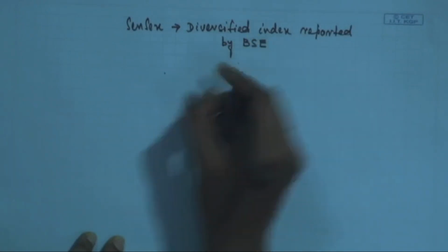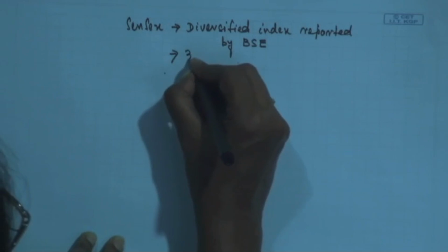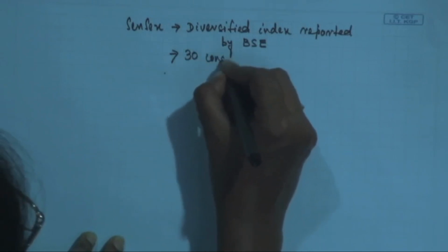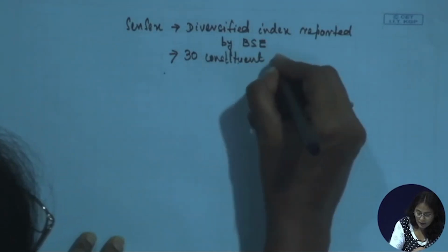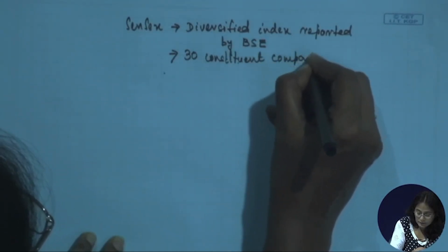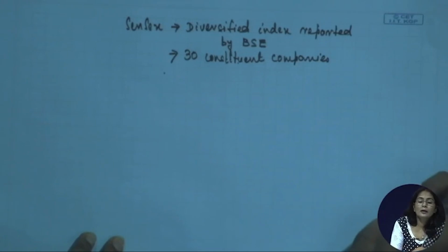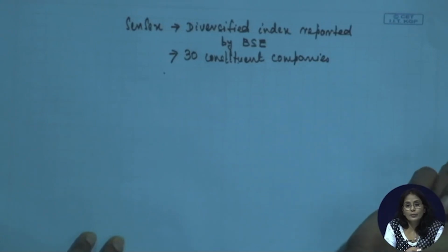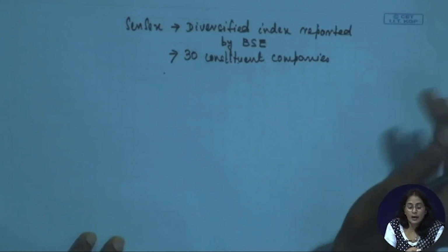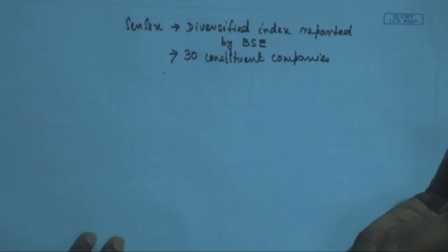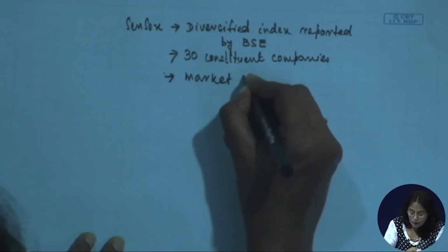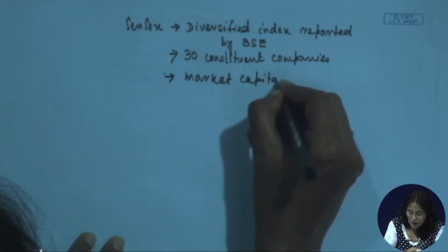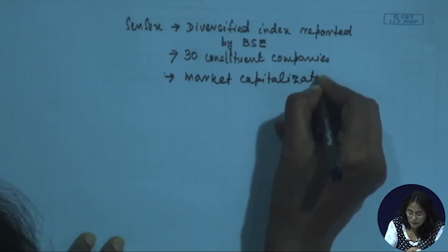We know that Sensex has 30 constituent companies. These are normally large cap, diversified big companies. And Sensex is calculated based on market capitalization weight.